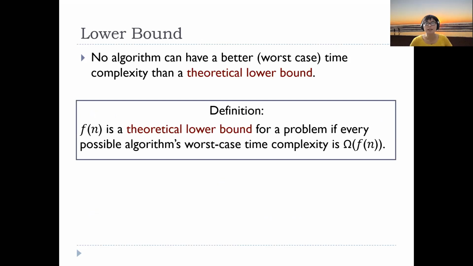Slightly more precisely, we say that f of n is a theoretical lower bound for a specific problem if, for every possible algorithm for that problem, the worst case time complexity is at least f of n.